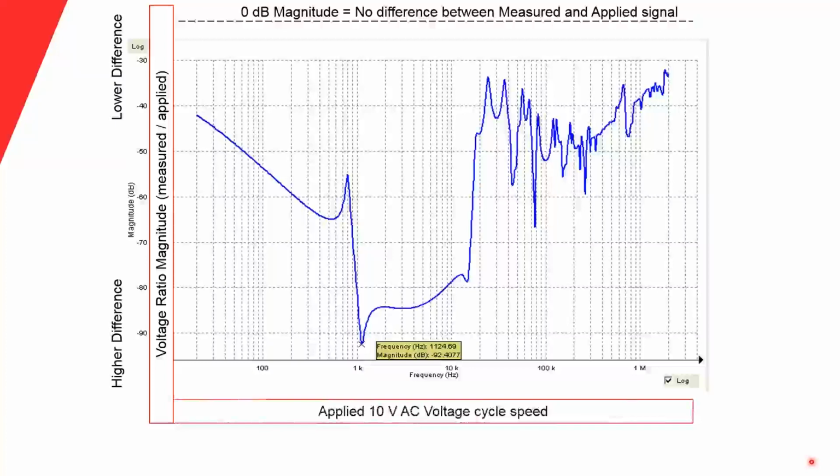And then as you drop lower and lower in dB, you'll see a higher difference in response between the output and the input. On the x-axis, we're looking at frequency, on a log scale, pretty much from 20 hertz up to 2 megahertz, to figure out what's going on with your transformer.